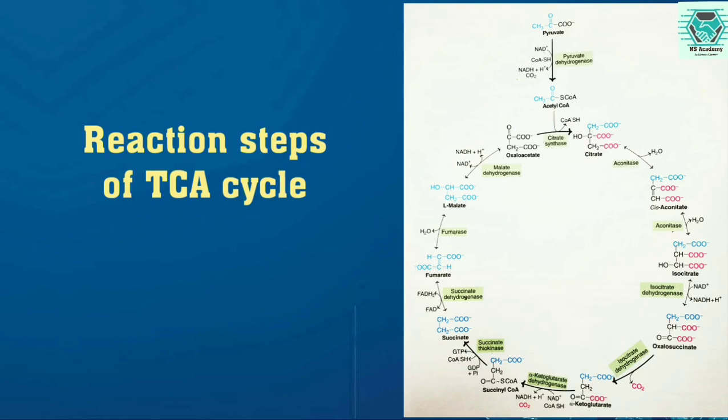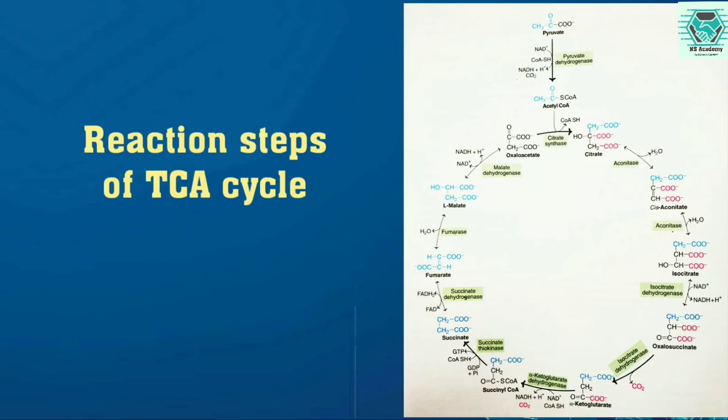In steps 2 and 3, citrate is isomerized to isocitrate. Here another enzyme helps, which is called aconitase. This is achieved in a 2-stage reaction of dehydration followed by hydration. Dehydration means the removal of water, whereas hydration means the addition of water.